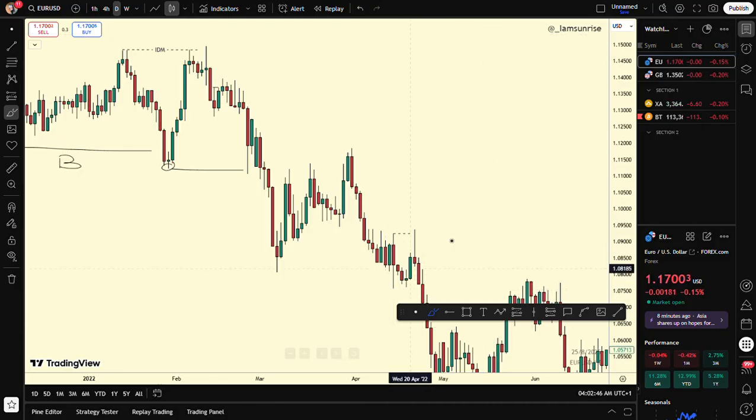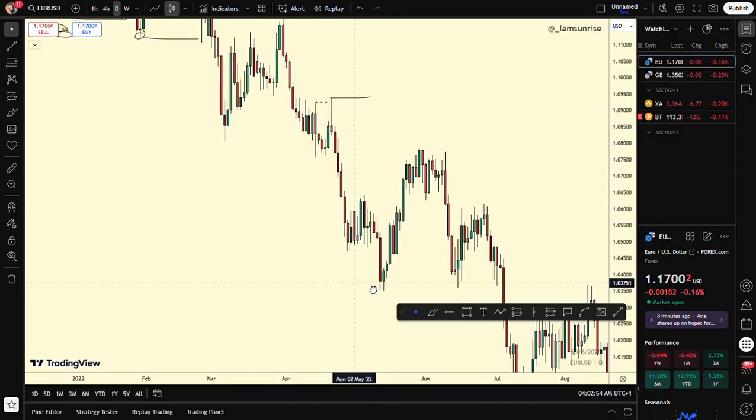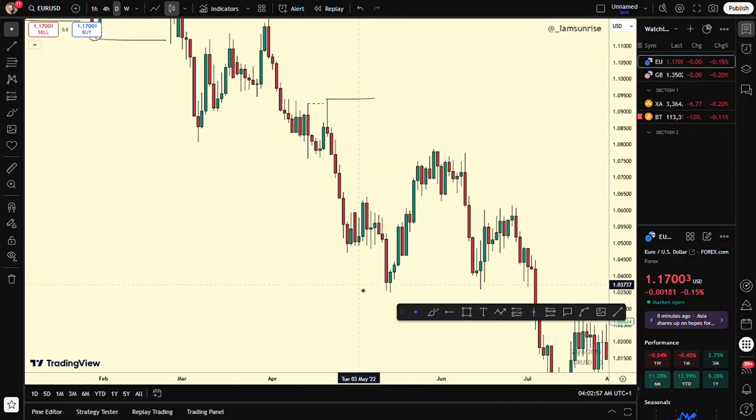So this is our inducement, this is our pullback, but did price get there? No. So we'll still go down again to check if there's still a valid pullback. That is how you do it. This is a valid pullback because the previous candle high was taken out. This was the previous candle high, this is the pullback, and this is the drop. This is the pullback we will now use as the inducement.